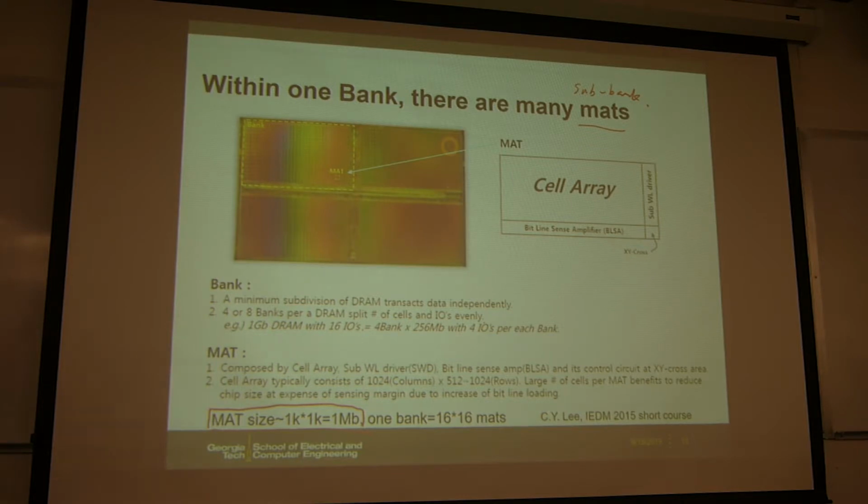SRAM should be smaller because each SRAM cell is much larger, right? Yeah. So the SRAM array is much smaller than the DRAM. So SRAM is typically like 64 by 64, 128 by 128, 256 by 256. That's a typical range. And here you see the DRAM, typically like 1K by 1K or even more than that. This is because each DRAM cell is much smaller than the SRAM, so you can have more cells along the word line or along the bit line.